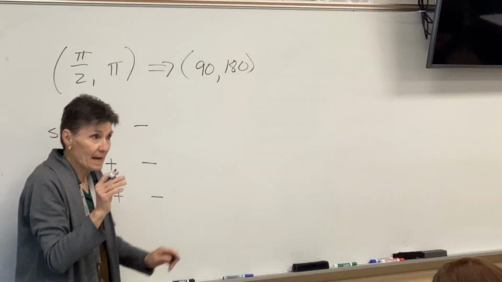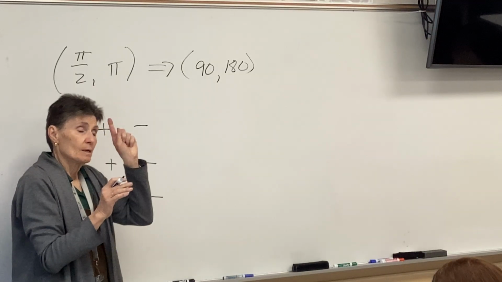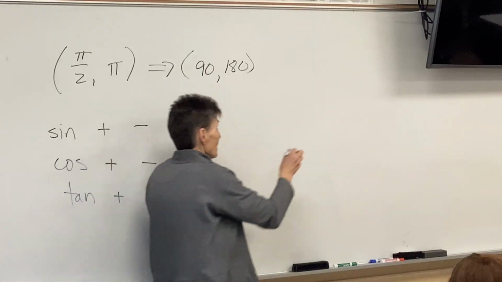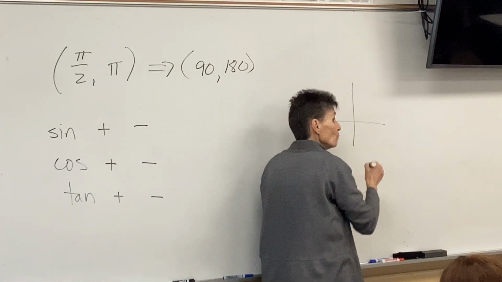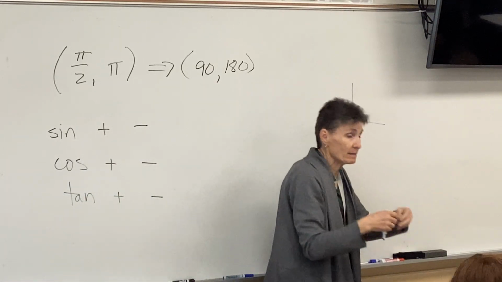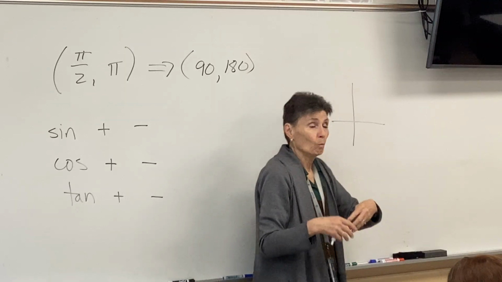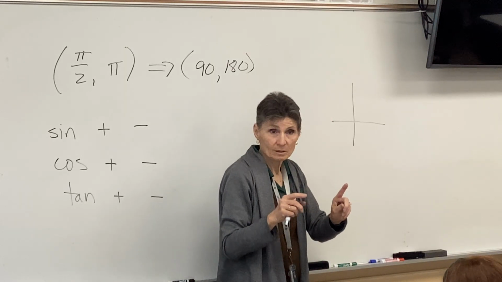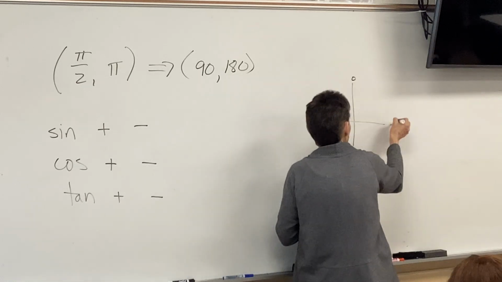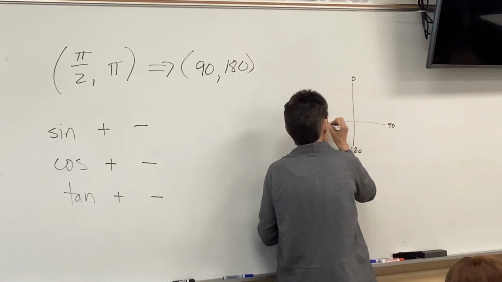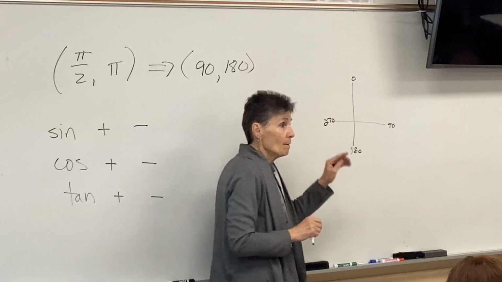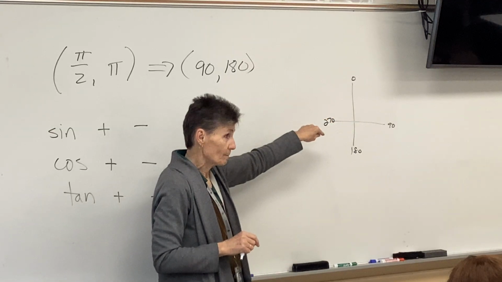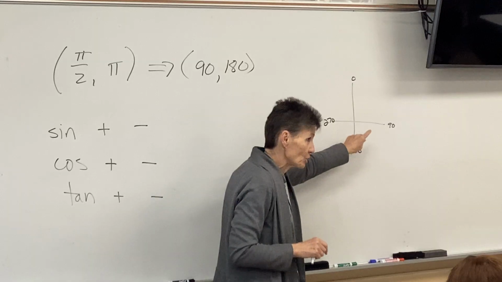Now, the other day we did navigation problems, and when we set up our compass, if we are flying a plane, sailing a ship, walking in the woods, we use compass labels, okay? And compass labels are these. We talked about that. But the only time those labels are used is if it's navigation.